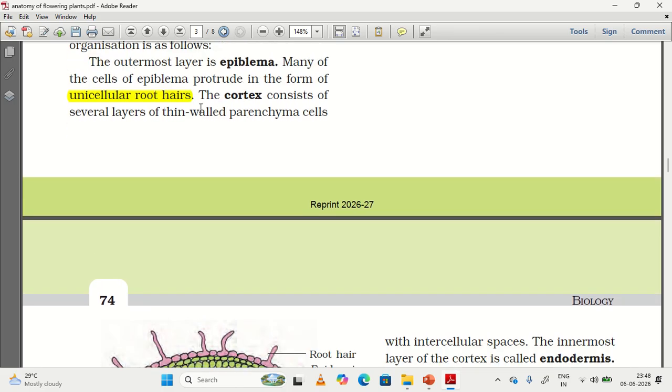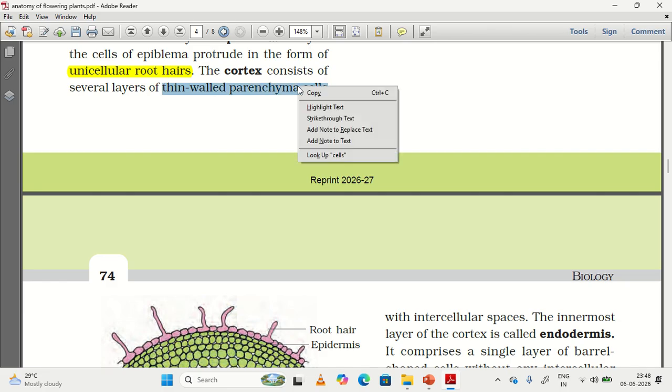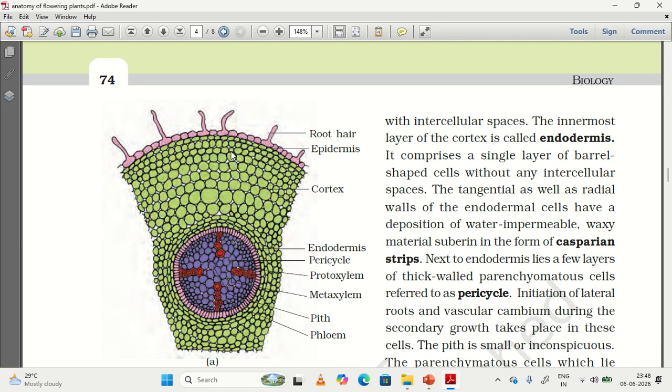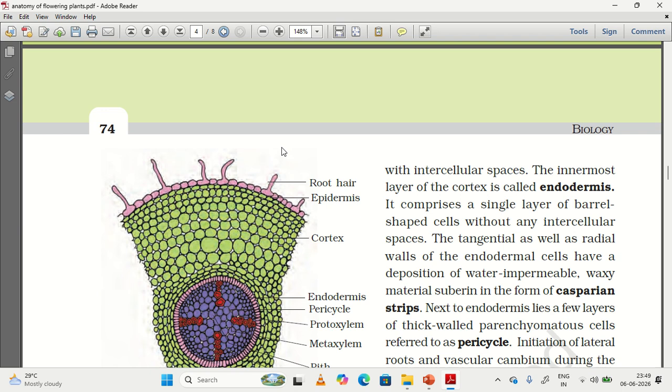The cortex consists of several layers of thin-walled parenchyma cells, with intercellular spaces.